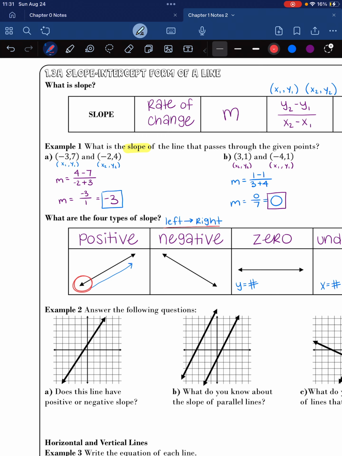But if we always read from left to right, then this line we would describe as always increasing or always going up. Similarly, when we read from left to right, this line is always going down. Going backwards, yes, it does go up forever, but we still say that this is decreasing.